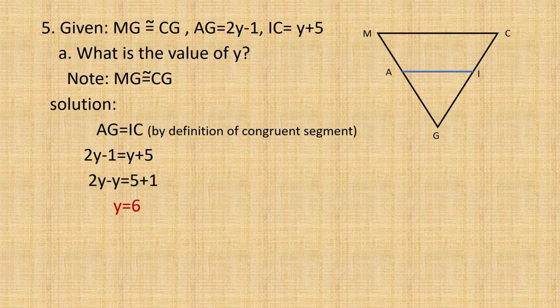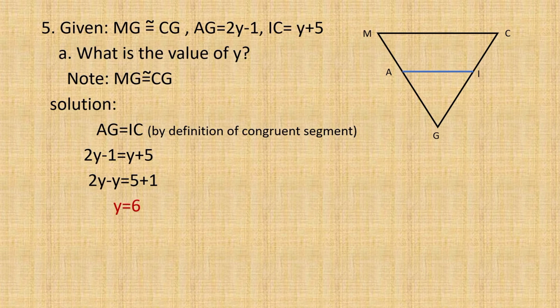Now to solve for y, let us substitute the given values of AG and IC. So we have here 2y minus 1 is equal to y plus 5. So we substituted the given values for AG and IC. Simplify. So you have there 2y minus y.